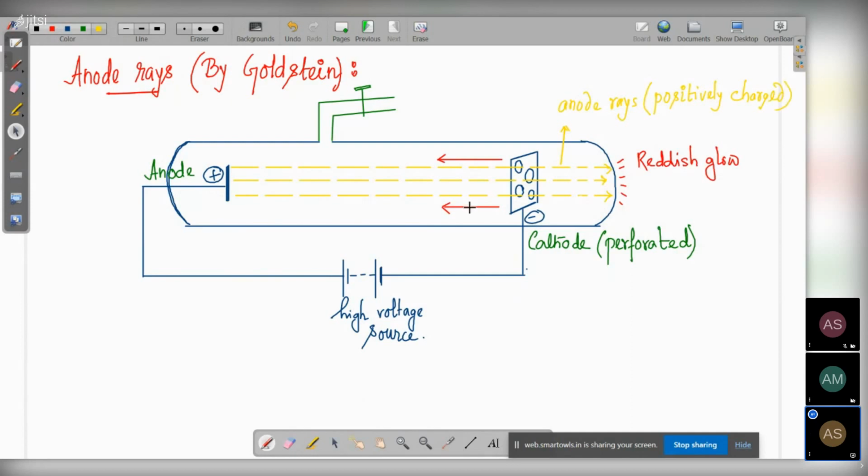And this one is the cathode ray, which is negatively charged. Cathode.